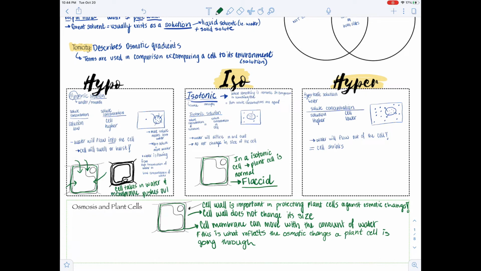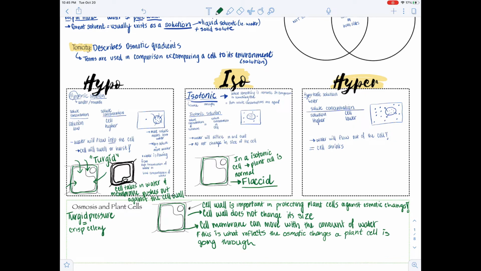So keep in hypotonic solutions, the cell is taking that water in, and taking that water in is increasing the size of its vacuole, membranes pushing out against the cell wall, and we're going to know that this is turgid. Now, turgid pressure in plant cells give them their crispiness. So think of turgid pressure and think of crisp celery. So crisp celery, that crispness is coming from the turgid pressure inside those plant cells.